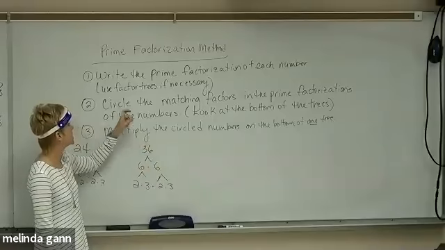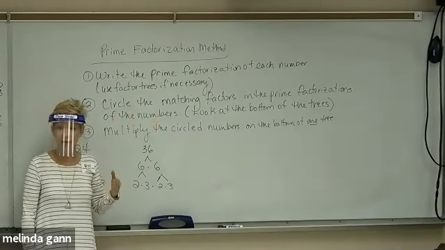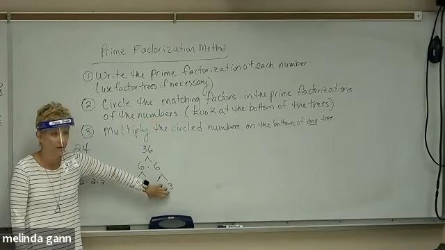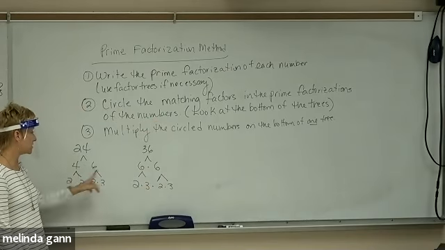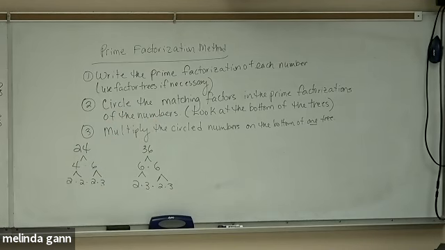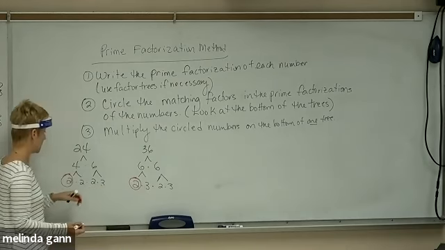And look what it says. Circle the matching factors in the prime factorizations. Now, what do I mean? I mean it's got to match from here to here. Not in the same tree. Like there's a 2 right here. Is there a partner over there that matches it? Then circle it. All right, so there's a 2 here that matches a 2 there. There's a 2 here.